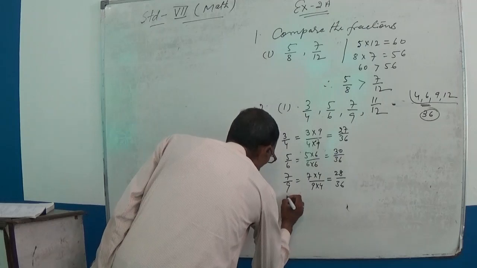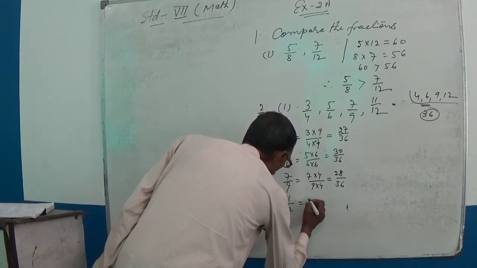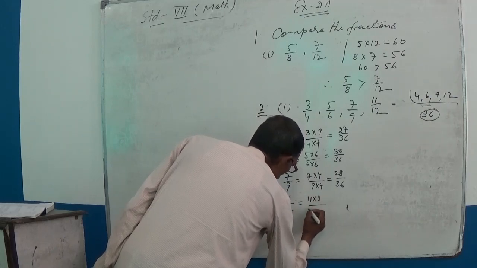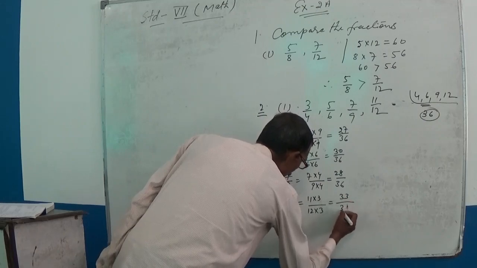And 11 by 12 is equal to 11 into 3 by 12 into 3, which is 33 by 36.